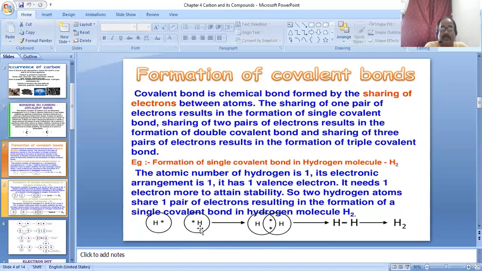This is the second hydrogen atom and this is its electron sign. Both hydrogen atoms participate in sharing electrons and form this type of bond. This bond is called a single covalent bond, and after that the hydrogen atoms make a hydrogen molecule.